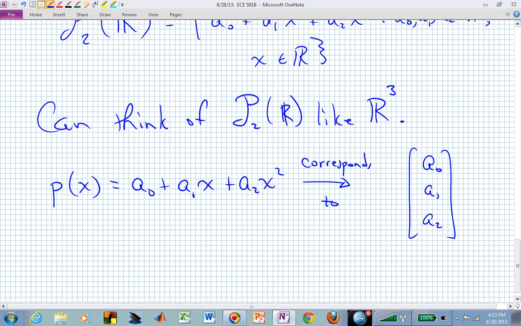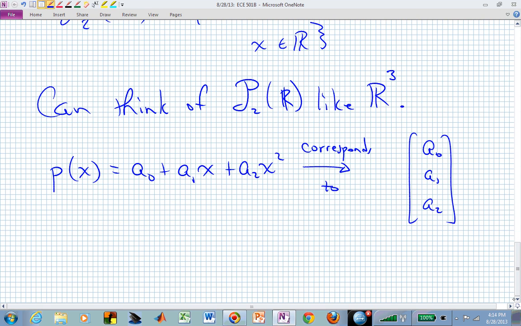We are simply adding up the coefficients in P and Q. And if we did a scalar multiplication, that's the same as scaling each of these coefficients, which is equivalent to scaling the elements in this vector of coefficients a0 through a sub 2. So you can start to think that maybe the same ideas or concepts apply for a polynomial with functions 1, x, and x squared, which I can think of as this column of coefficients, a0, a1, and a2.